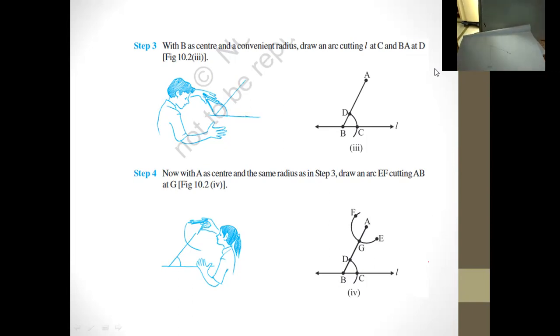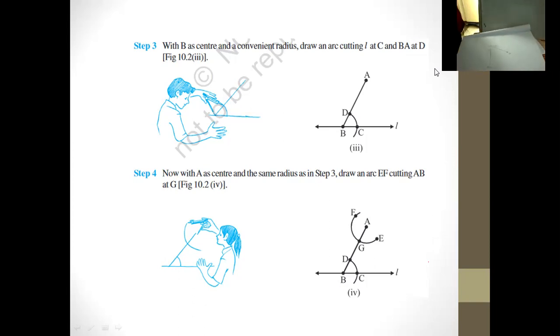Now they asked us to open the compass and keep the compass on point B and construct the circle which is cutting AB and L. Okay. So we would be giving the names D and C.